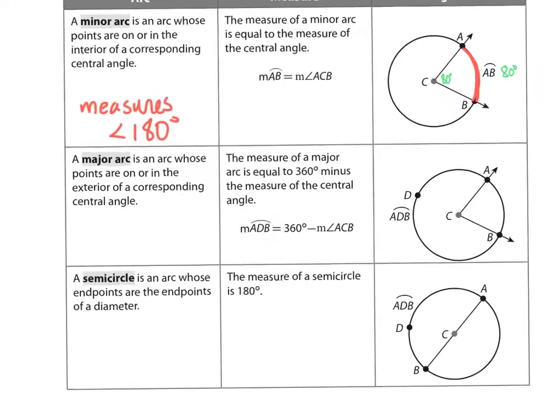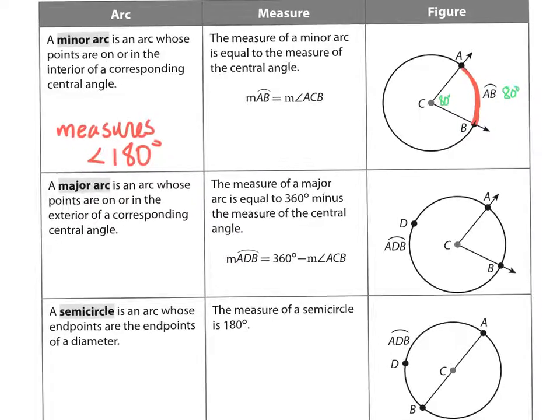So you've got minor arc, then we have major arcs. Major arcs, you must use three letters to indicate which direction you're going around the circle. And major arcs are going to measure greater than 180 degrees. So we're talking about more than half the circle. So here, this says arc ADB.